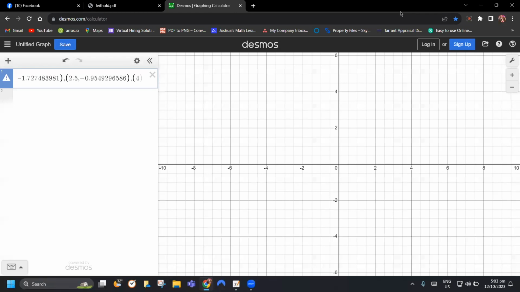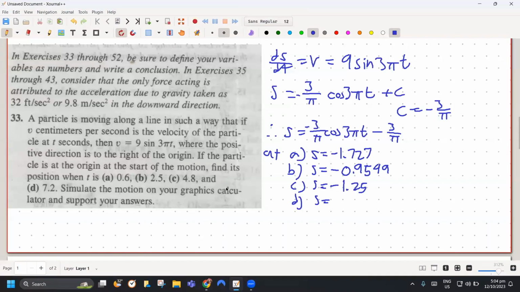Hindi tayo nag-agree ng values eh. Like y equals negative 3 cosine 3 pi times x divided by pi plus 3 over pi. Tapos, let's zoom in.